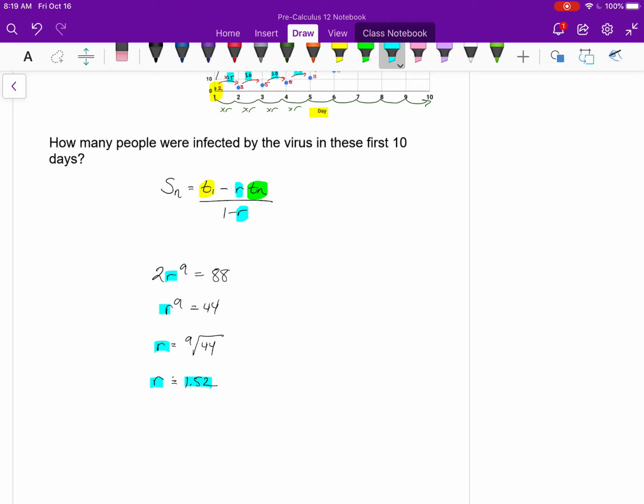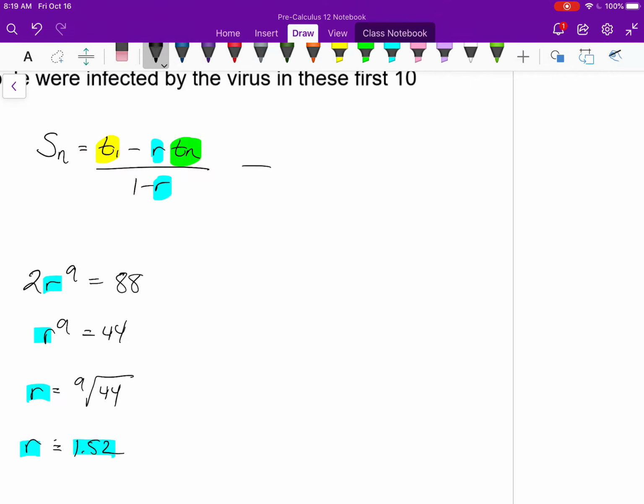So the first 10 days, I can now use this formula right here, because now I know R is about 1.5. Let me write here.